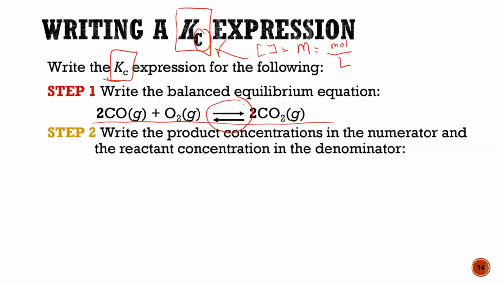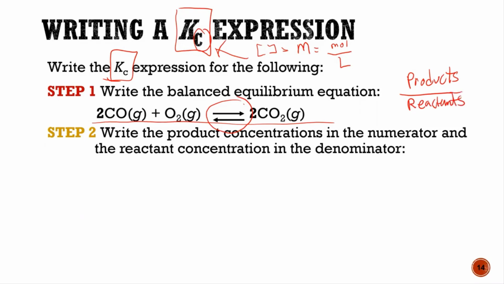So how do I do that? It's basically the product concentrations in the numerator and reactants in the denominator. I always tell people, just think you have a ratio, products over reactants.